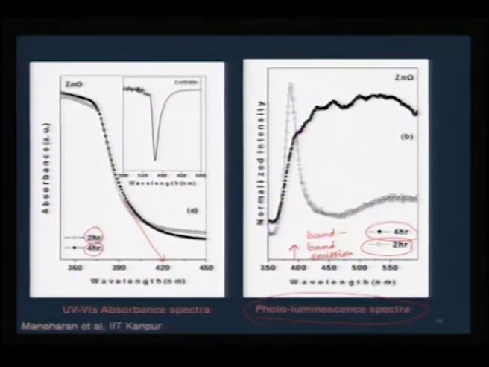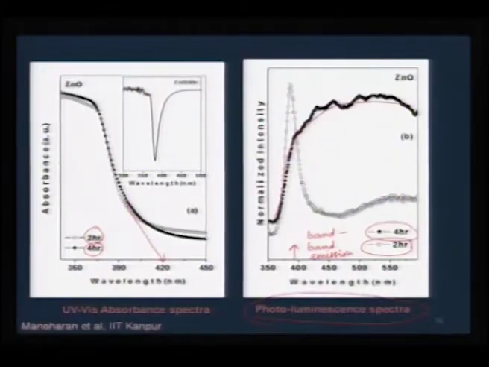But when you expose it further, the subsequent nucleation actually brings about defect chemistry into zinc oxide. As a result, you do not see this 380 nanometer peak, but you see a dominant surface defect induced emission. As a result, you do not see this characteristic 380 nanometer peak anymore.